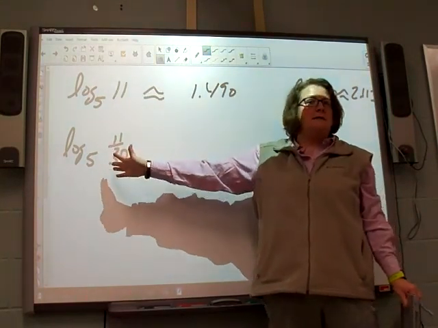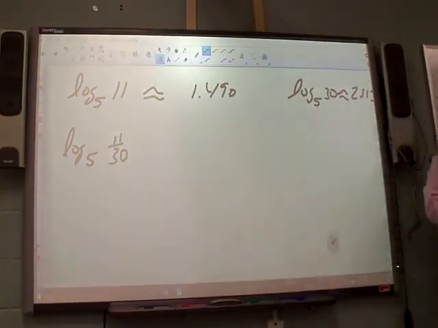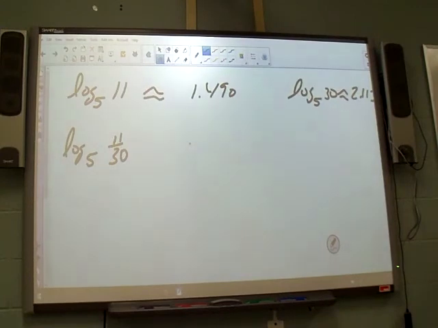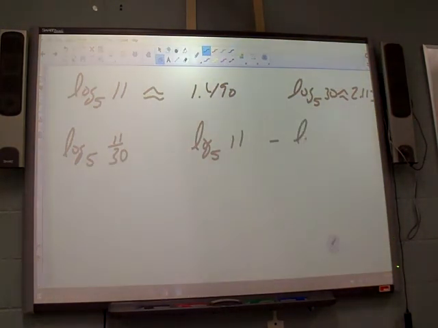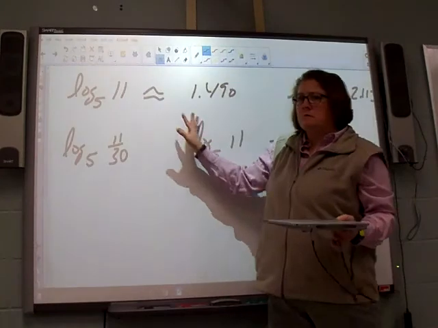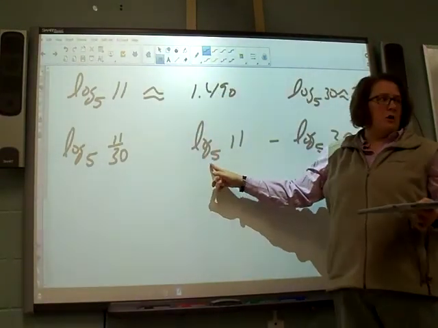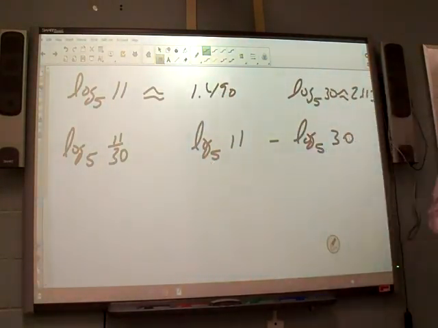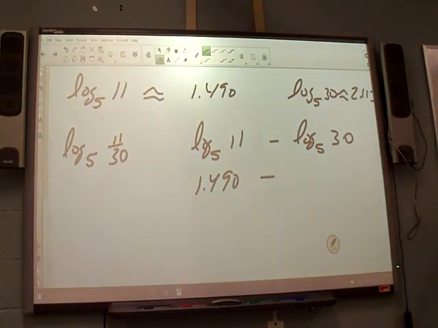So I can rewrite this as a subtraction problem. I could rewrite this as log base 5 of 11 minus log base 5 of 30. Now they've given me those values, right? So 1.490 would be this value, and 2.113 is this value.